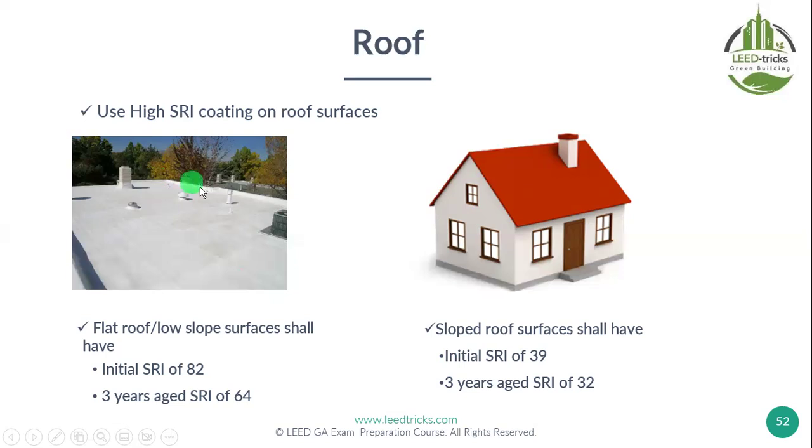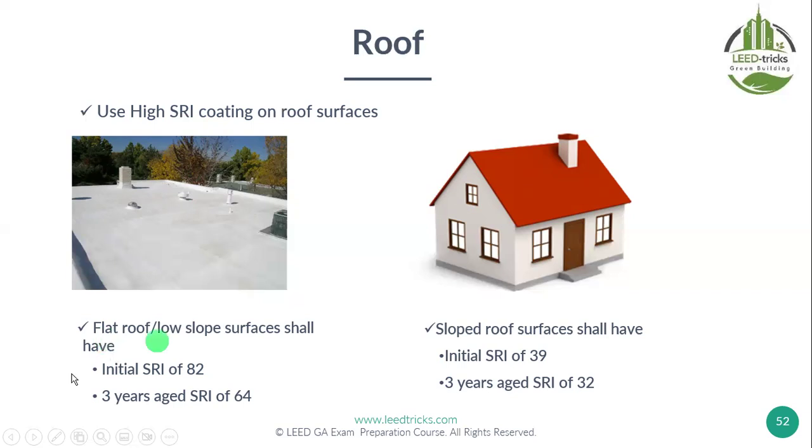For example, if you are wearing a white shirt and walking in the street, you are reflecting. If you are wearing black and walking in the sun, you feel the real heat. So SRI, we call it solar reflectance index. And it's a number from 0 to 100, or from 0 to 1, like a percentage.